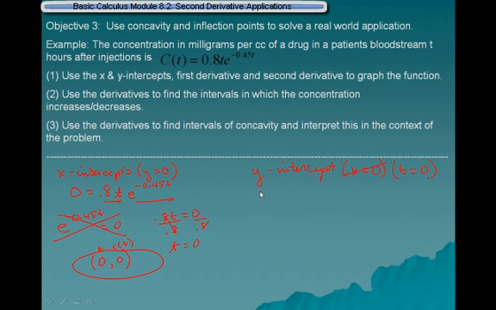So we're going to put 0 in there. It'll be 0.8 times 0, e to the negative 0.45 times 0 power, and that will give me 0 times e to the 0 power, which is 0 times 1, which is 0, which is what we thought. So the origin is also the y-intercept.